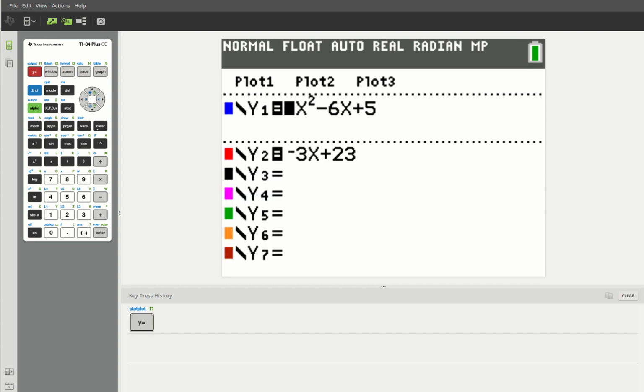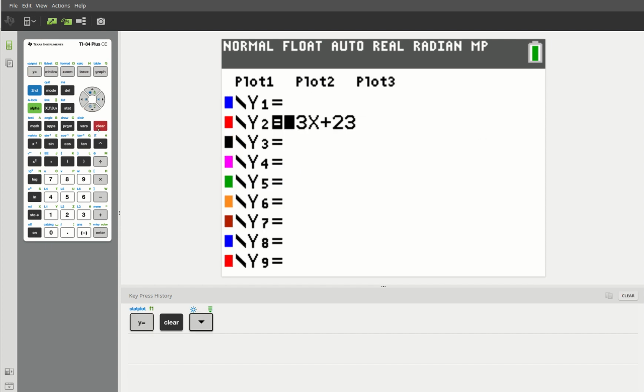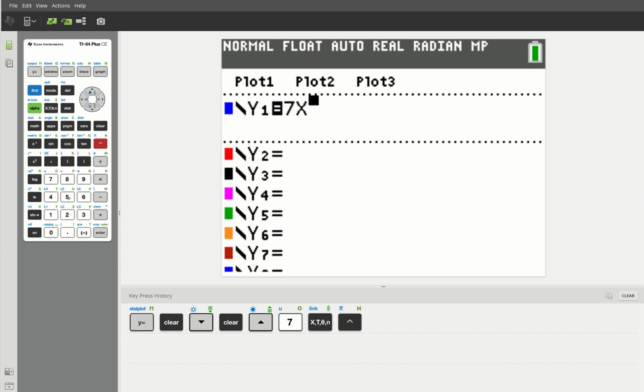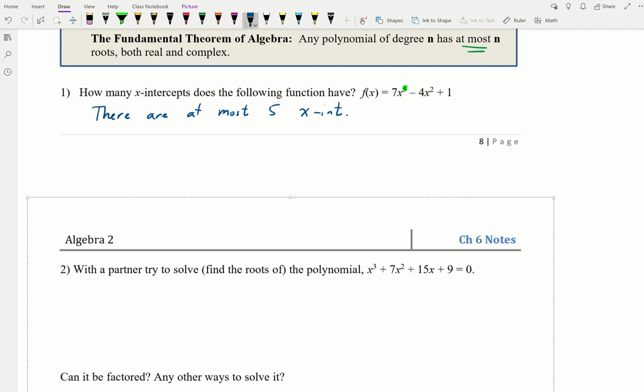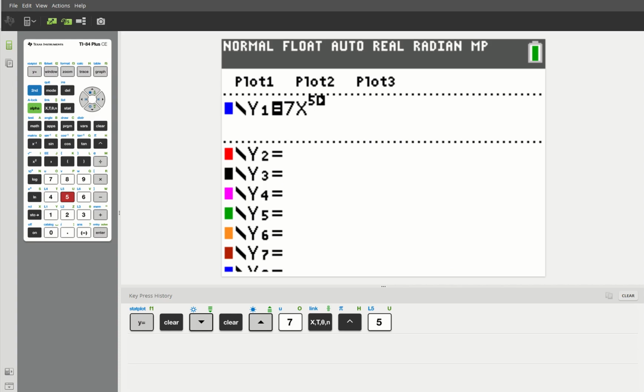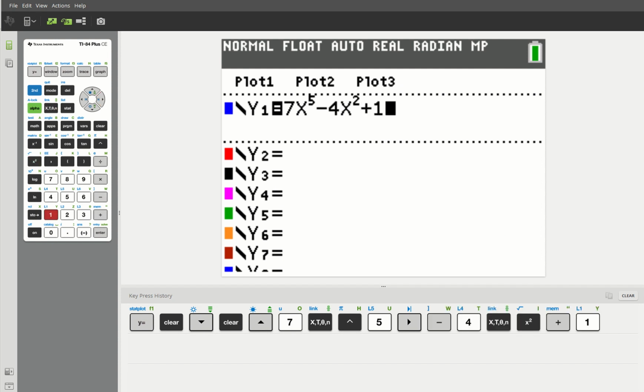I'm going to clear out what we have in there, and the function we're going to graph is 7x to the 5th power minus 4x squared plus 1.